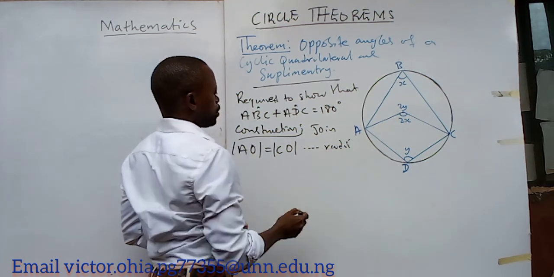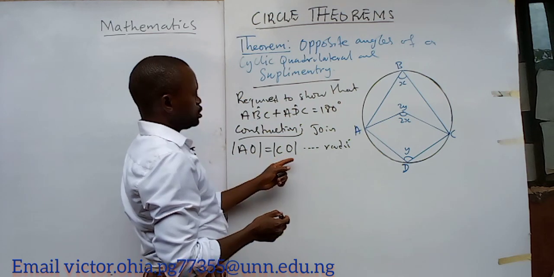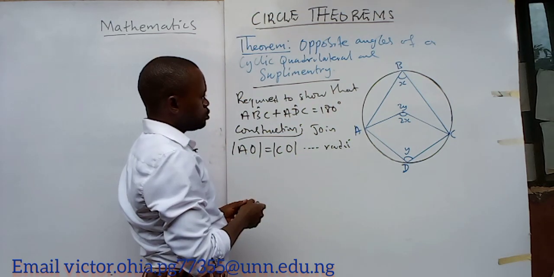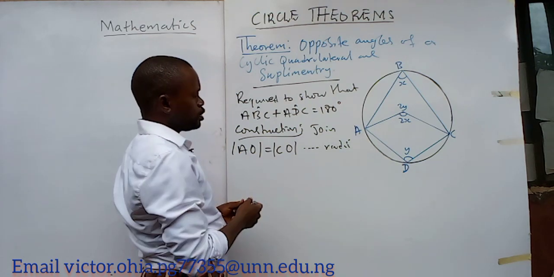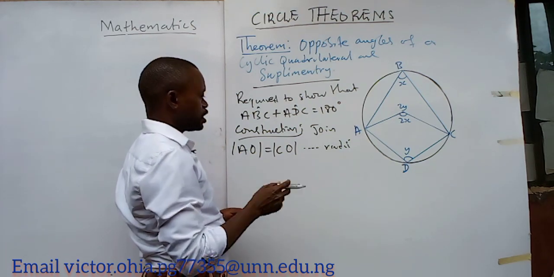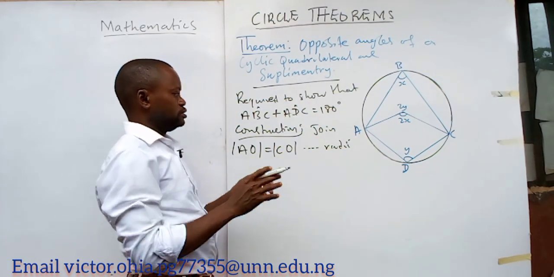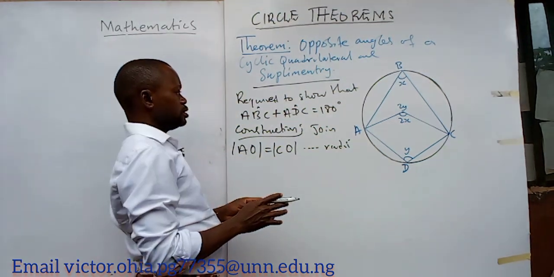They are radii, because they connect the center and the circumference.